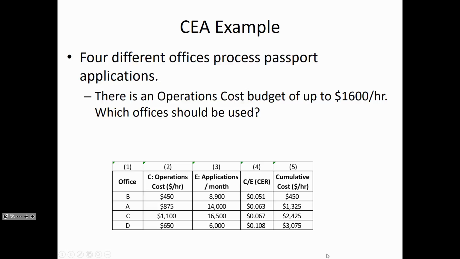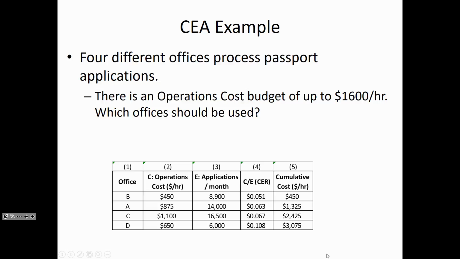Because we've got limited budget, we should fund them all the way. And then our second best option is Office A, because they're spending 6.3 cents for the same work that Office B does for 5.1 cents. And now this final column 5 is the cumulative cost.